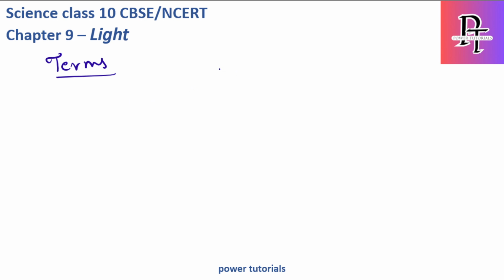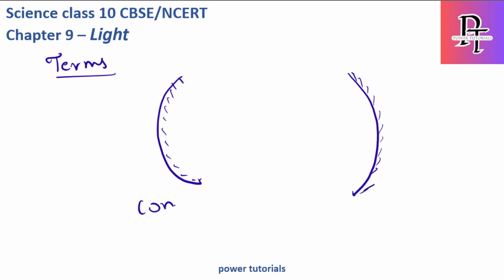So I'm taking both the mirrors. Okay, so this is convex and this is concave. So what are the parts or terms we need to remember?